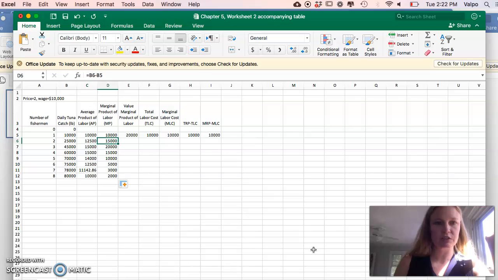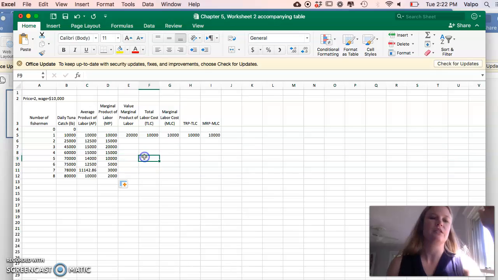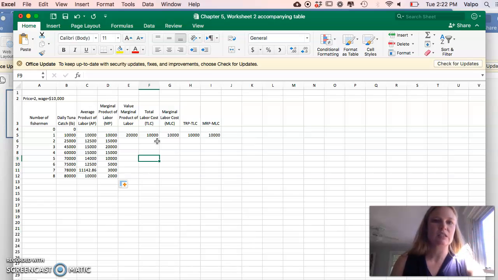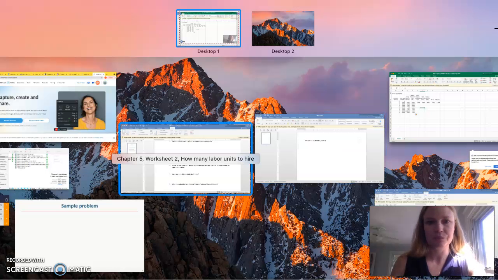When marginal product is greater than average product, it brings it up. When they're the same, and then marginal product falls below, it brings it down. They cross at the peak, just like we would expect. So it's always helpful to do these common sense checks. Is this predictable? Does this seem to be what we're expecting?